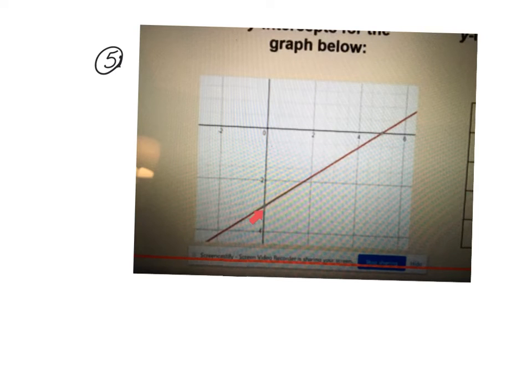It crosses the y-axis at negative 3, so the y-intercept equals negative 3, and the x-intercept is where it crosses the x-axis. That would be at positive 5.